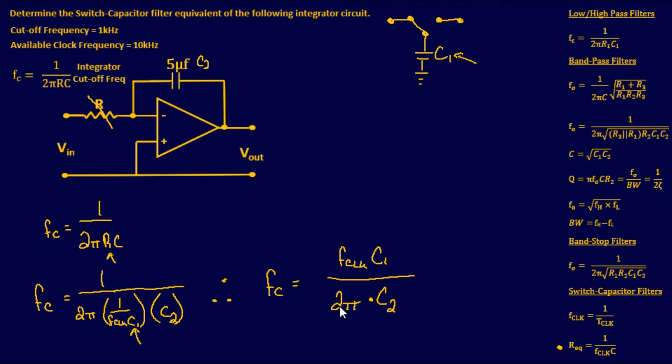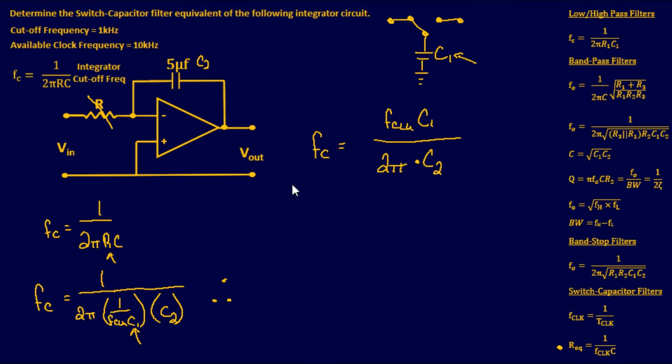I think we have enough variables here to start working this down. So let me move this equation up and we'll start working it down. So we have our cutoff frequency, which is 1 kilohertz, and that equals your clock frequency, which is 10 kilohertz, times C1, which we don't know yet, over 2 pi, times C2, which we do have.